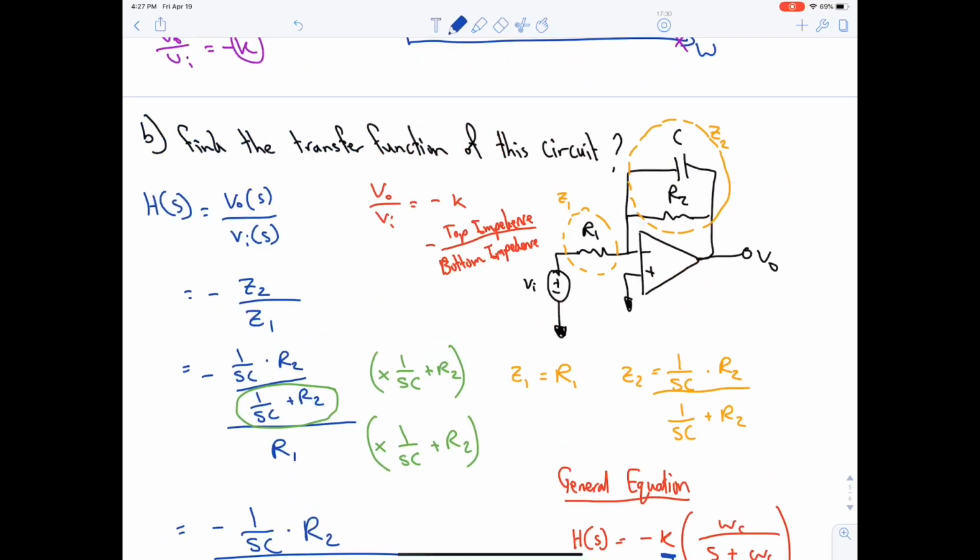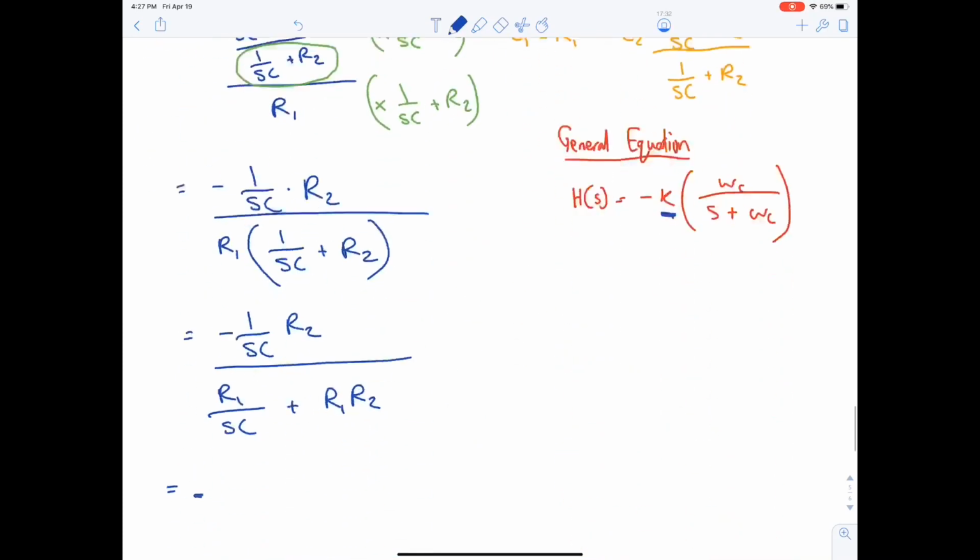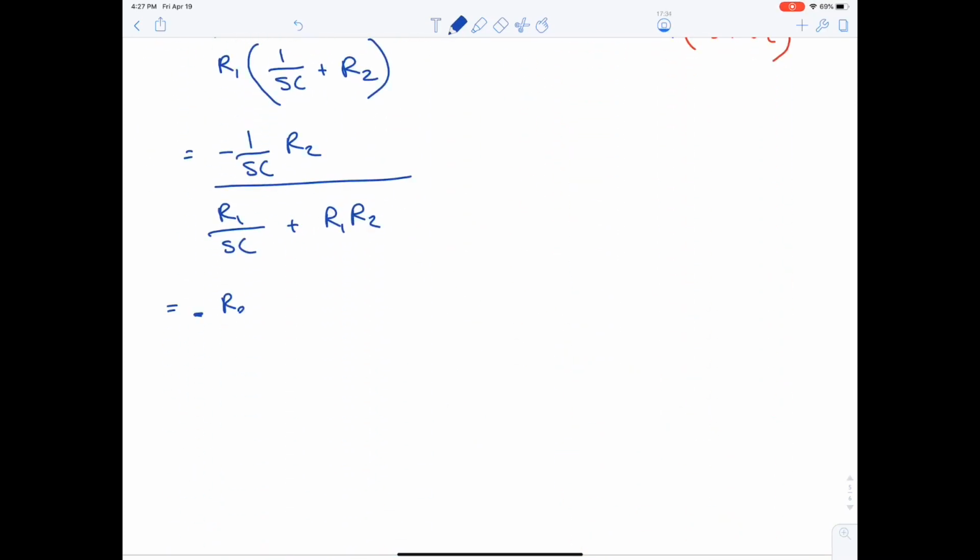So it's R2 over R1. So we need to put R2 over R1. Now we need to take R2 from the numerator and R1 from the denominator. So taking out R2 and R1, this will leave us with 1 over SC, and from the denominator, this will leave us with 1 over SC plus R2.